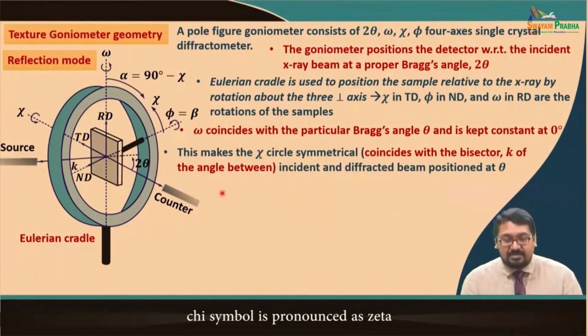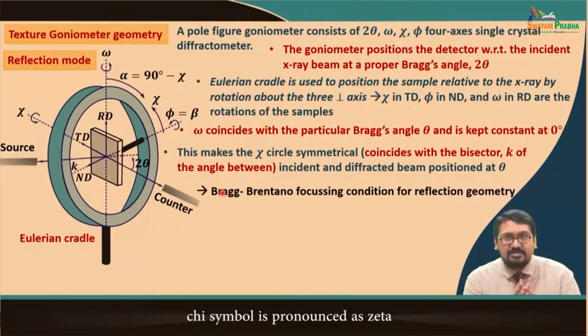Under such a condition, where the zeta circle is symmetrical between the incident and the diffracted beam, when it is positioned for a certain theta b, that is the Bragg's angle for a certain HKL plane, this means that it is in the proper focusing condition for the reflection geometry to obtain diffraction for a certain HKL plane, and is known as the Bragg-Brentano focusing condition.